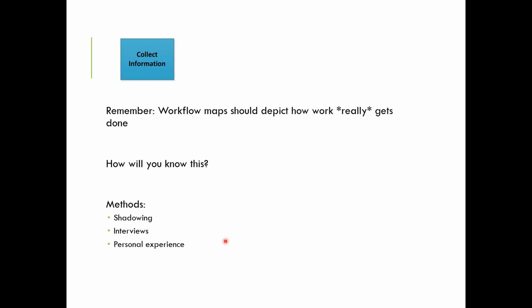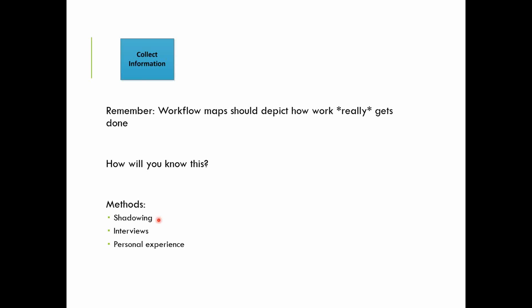There's a few methods that I've found useful for creating workflow maps. The first one is shadowing, and this is probably the most effective one. It gets at the fact that you really want to see the person doing the work actually do it. So this gives you a chance to sit down with somebody and watch them work through the process that you're going to be mapping.